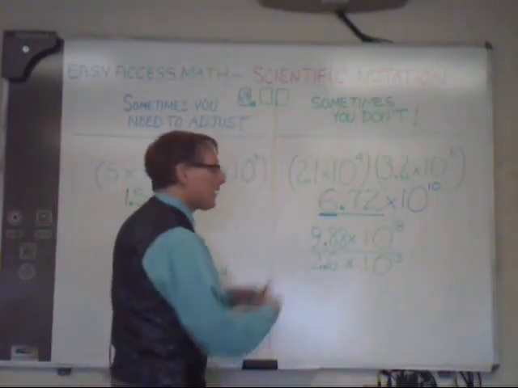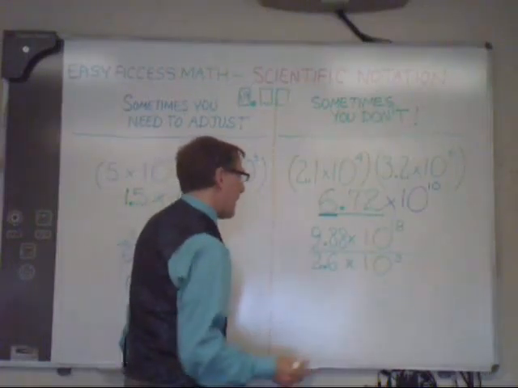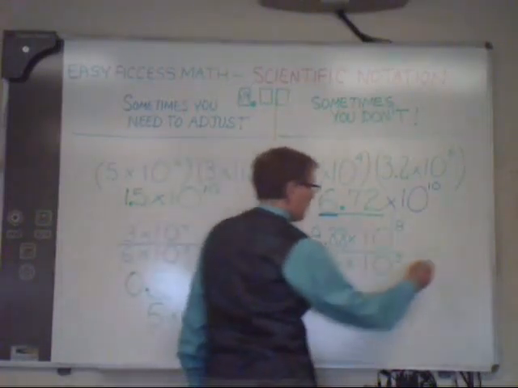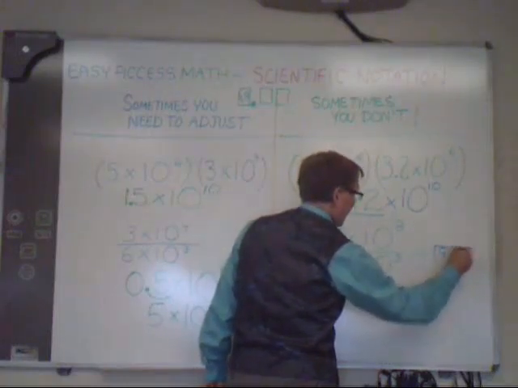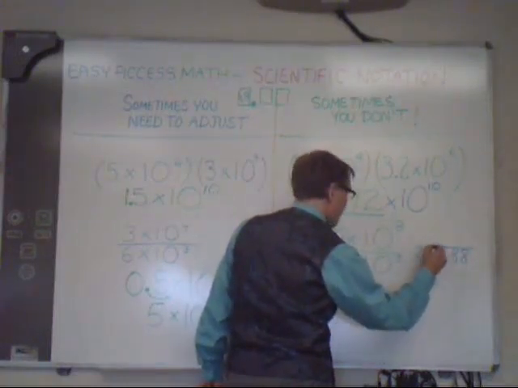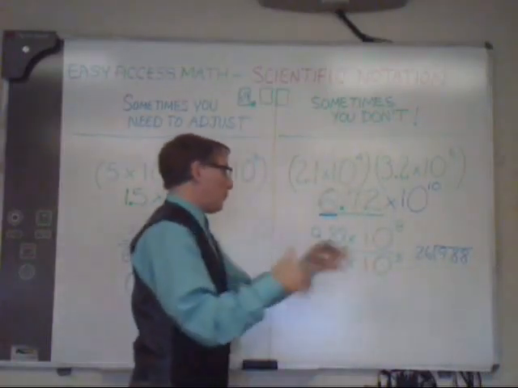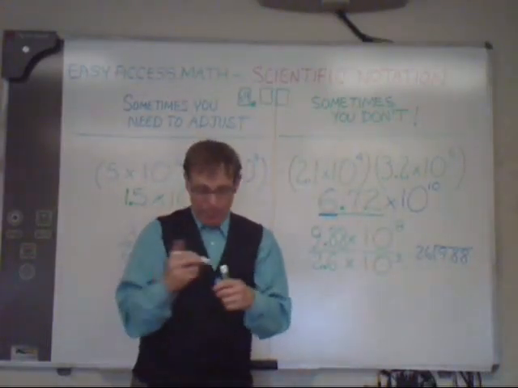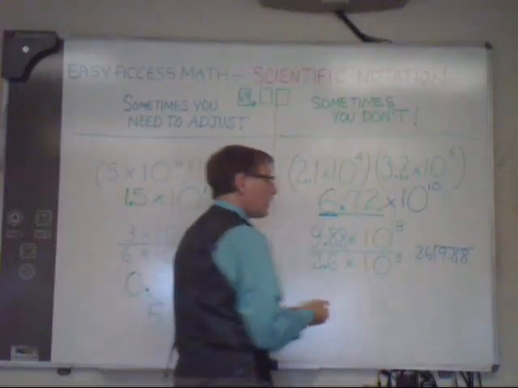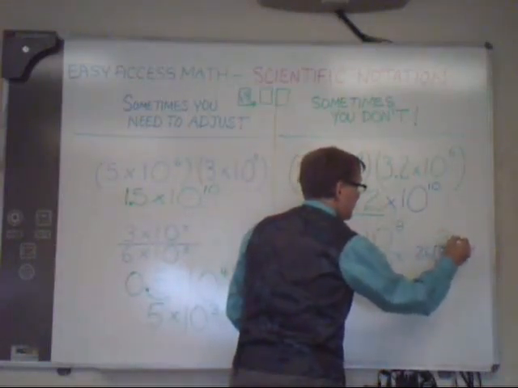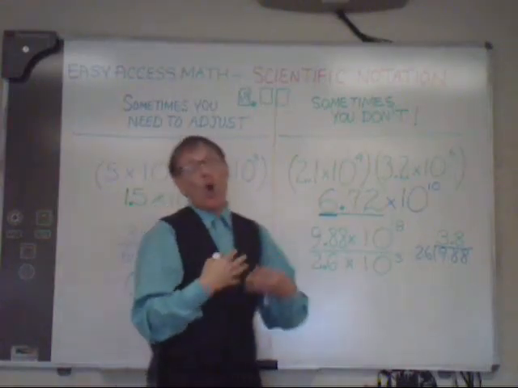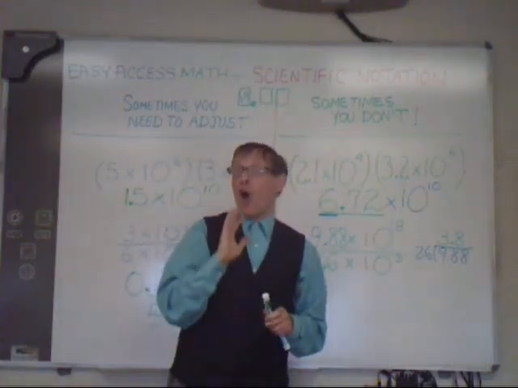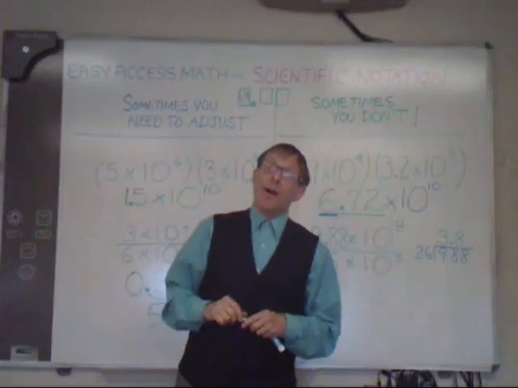Likewise over here, a little division. 9.88 divided by 2.6. If you do that math, you're going to get 3.8 as your result. We're not doing the long division in this video, but there are other helpful videos on YouTube.